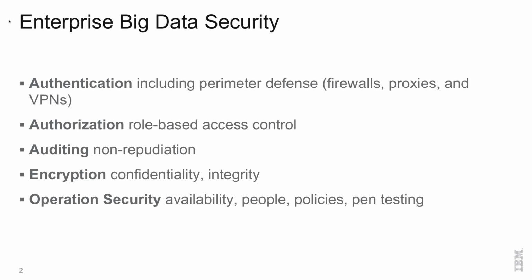And finally, for any enterprise big data security, you have to pay attention to operation security. That is, your data must be available all the time, so you have to prevent denial of service attacks. Also, we always say that security is about people and policy, and your system is only as strong as your weakest link.